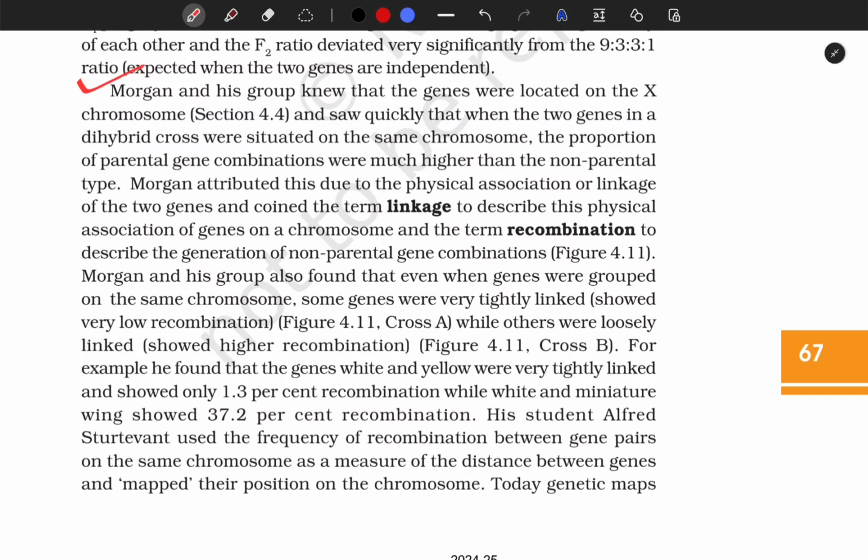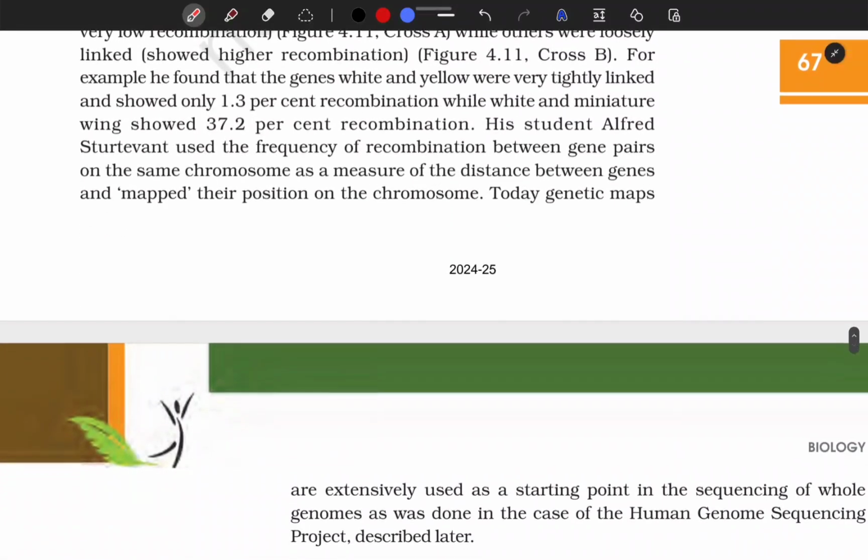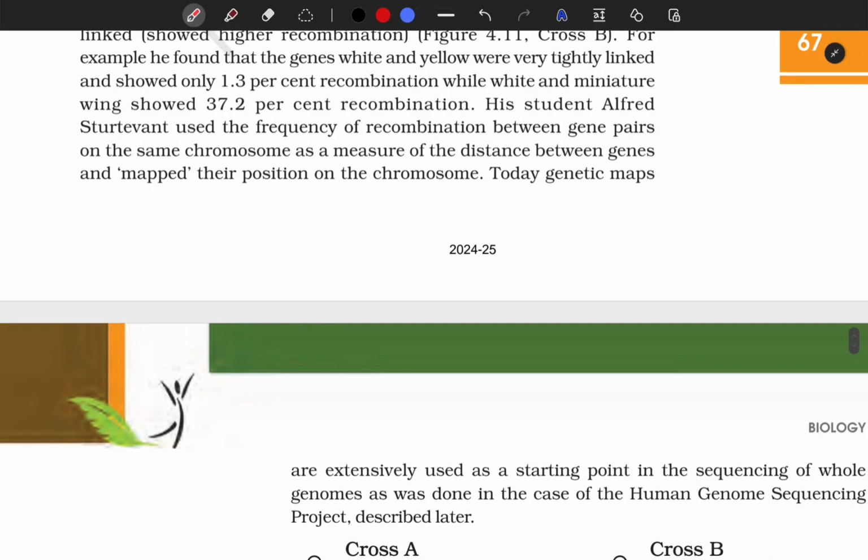Morgan and his group also found that even when genes were grouped on the same chromosome, some genes were very tightly linked while others were loosely linked. For example, he found that the genes white and yellow were very tightly linked and showed only 1.3% recombination, while white and miniature wing showed 37.2% recombination.